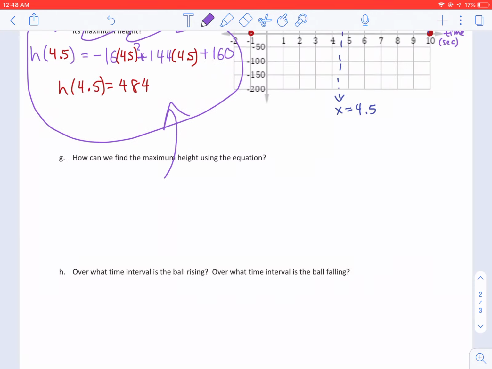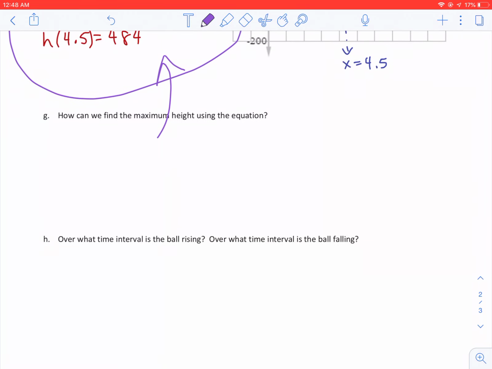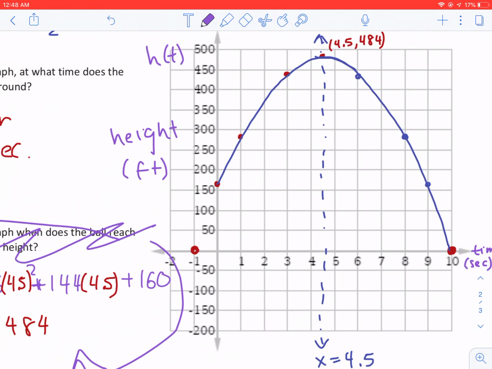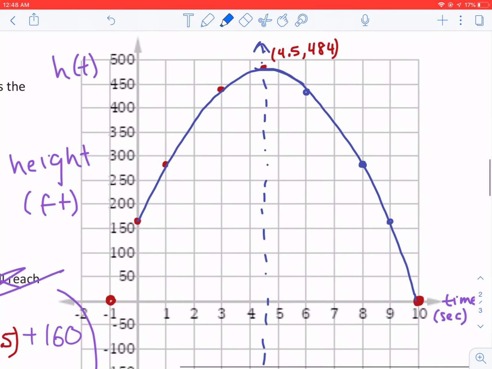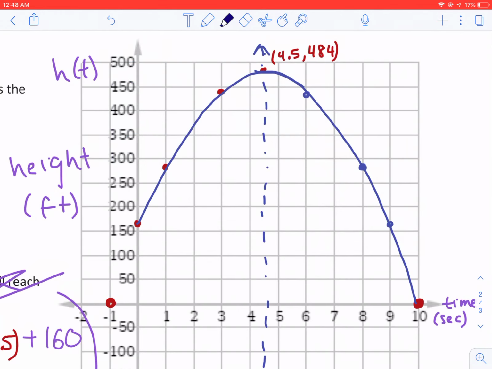So over what time interval is the ball rising, and over what time interval is the ball falling? Now that we've done all of this, we can analyze our graph a little bit. Where is the height of the ball increasing? Well, from here to there, it looks like it's increasing, so that's from 0 to 4.5 seconds.